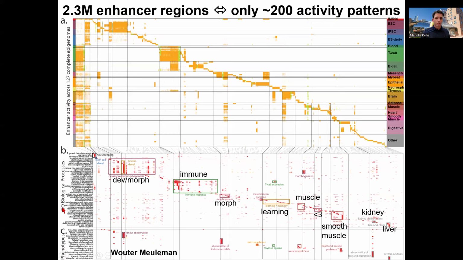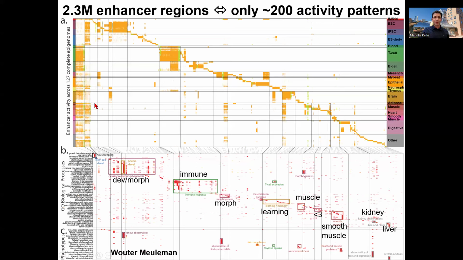And indeed, if you look at gene ontology annotations, you see a ton of enrichments for these cell types. These enhancers were active in embryonic stem cells and to some degree in brain, and you see that these are enriched in neuronal development.